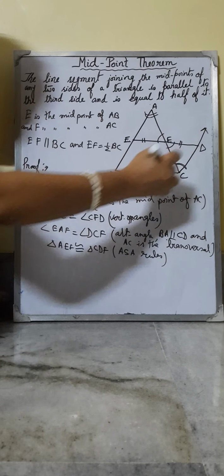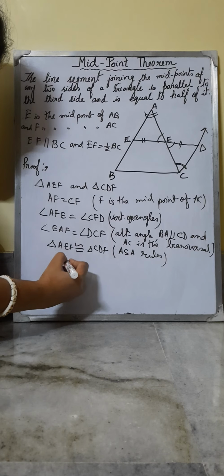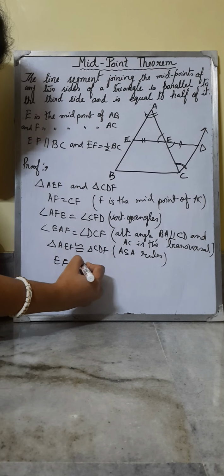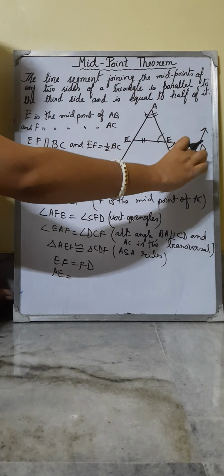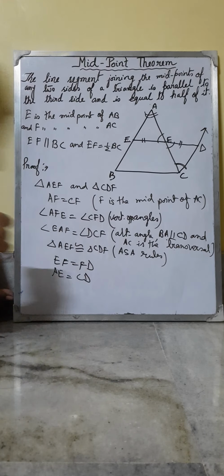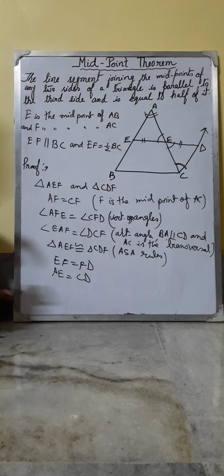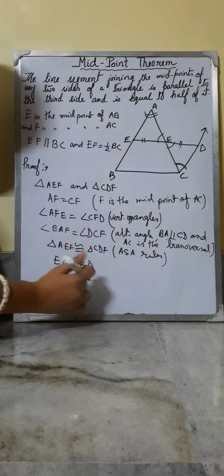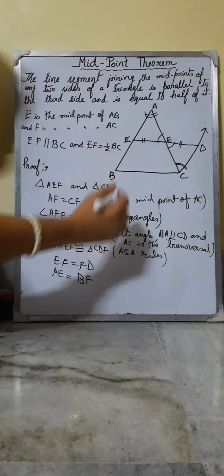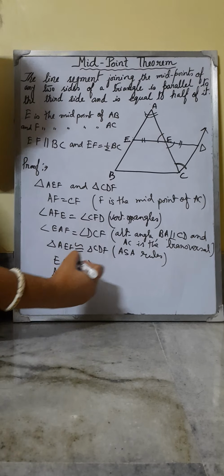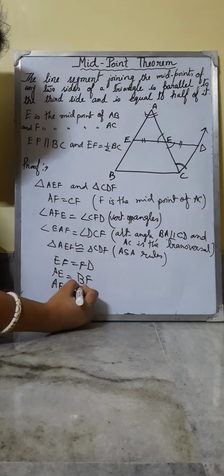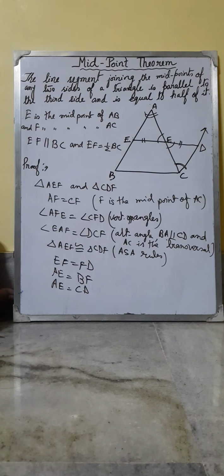This side equals to this side. And AE equals to CD. Or you can say that BE also, because E is also the midpoint, and AE is also equals to CD.